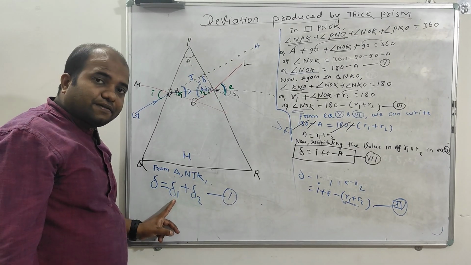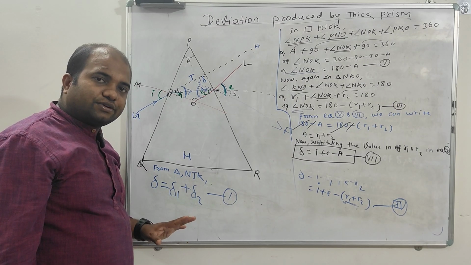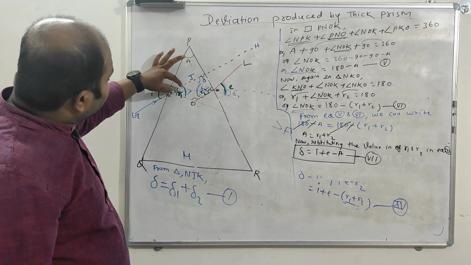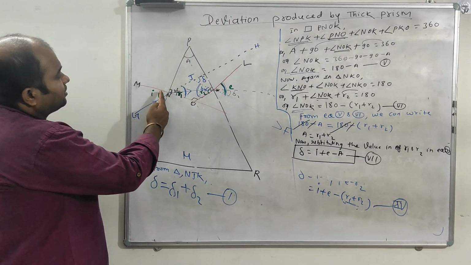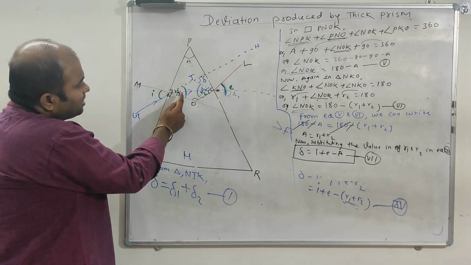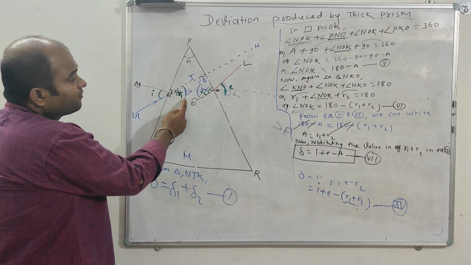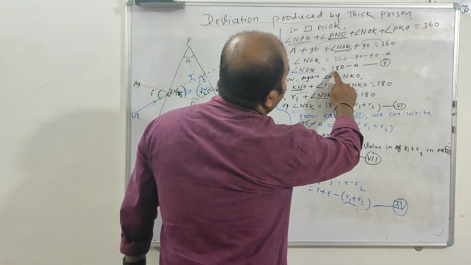Once we get the value of del 1 and del 2, we can substitute the values and finalize. So what we have done is, we first took the reference of the vertically opposite angle. This total is equal to total, and this total can be divided into two parts, del 1 plus R1, and then the same things we have got.